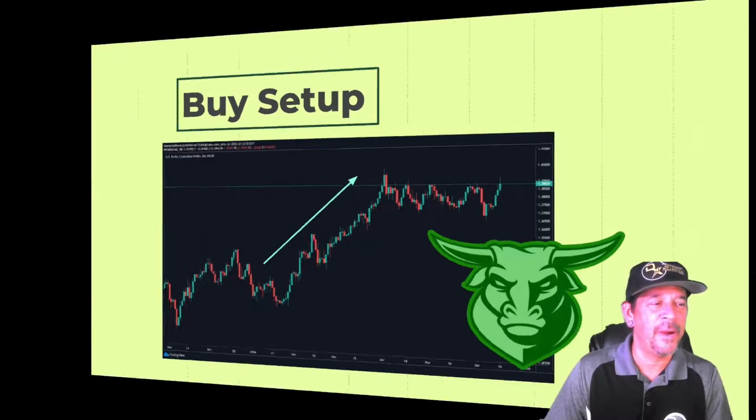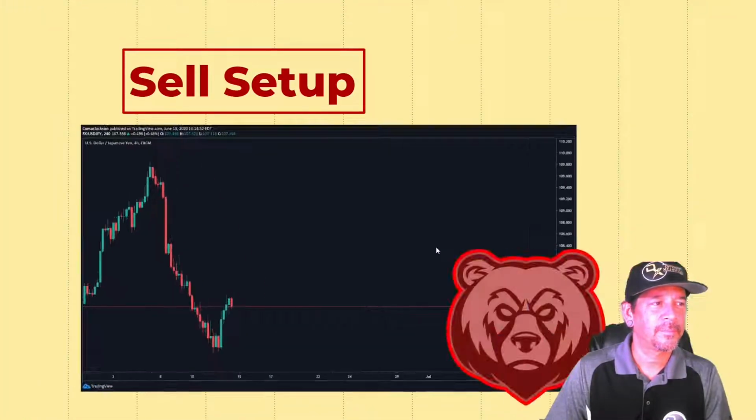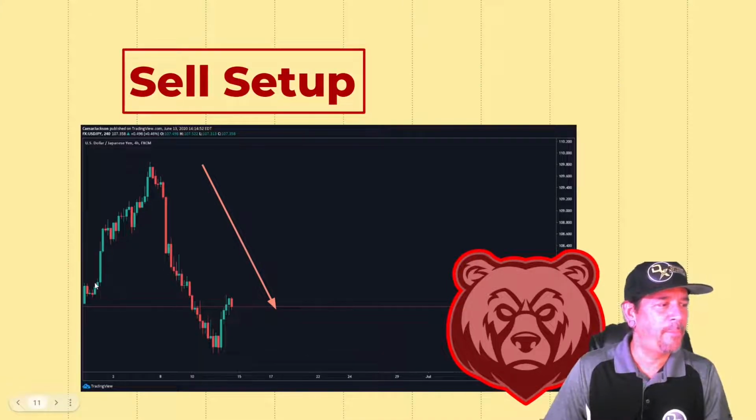Let's look at a bearish market. Here we have a bearish market. We had a bullish market over here, and then it went right into a bearish market. So what's going on here? We have our two pairs up here, US dollar and Japanese yen, home team, away team. Here the home team, US dollar, is winning.